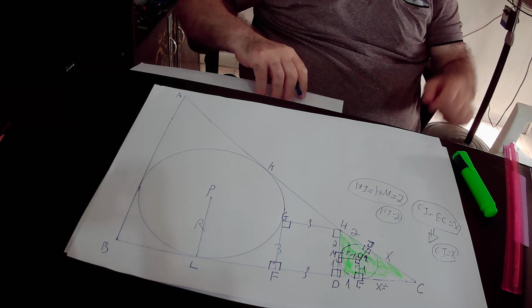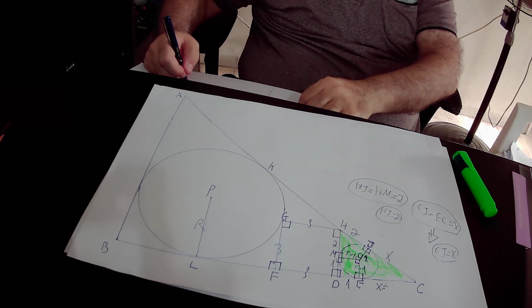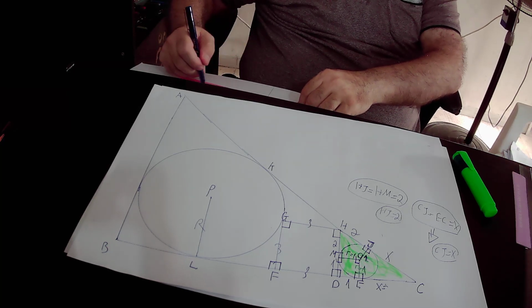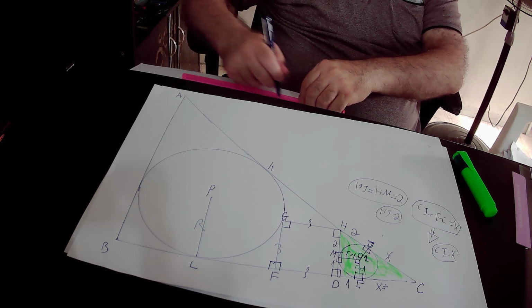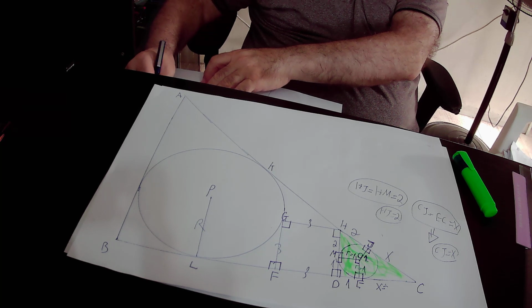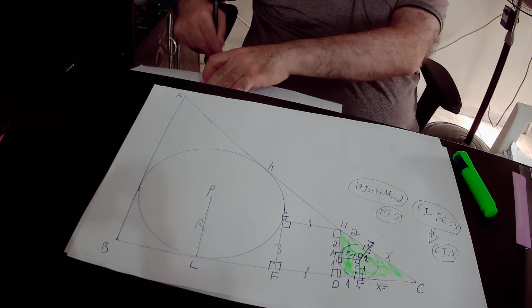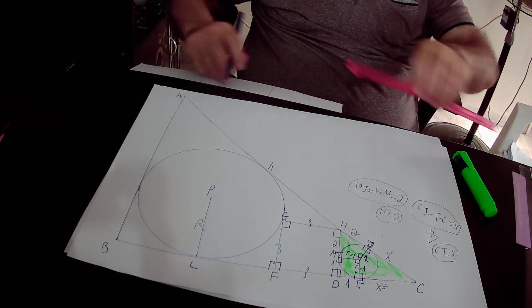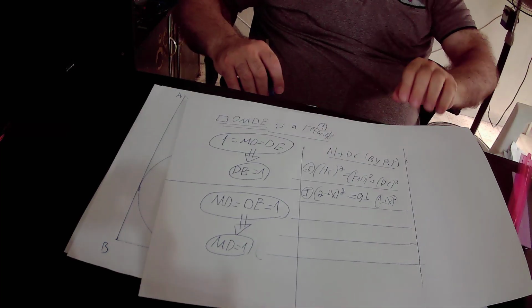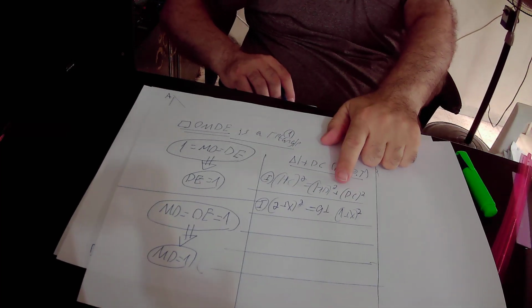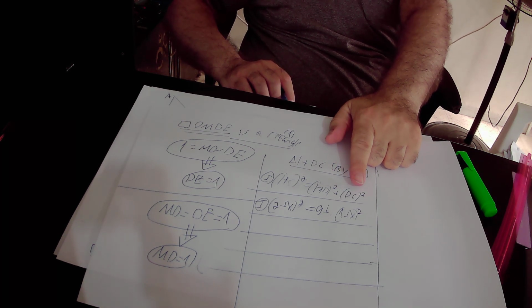So, in conclusion, we found out that according to equation number 1, (2 plus x) squared equals 9 plus (1 plus x) squared.